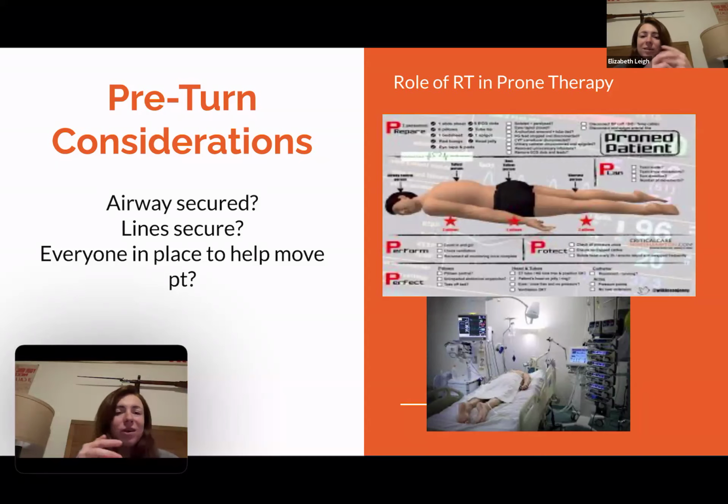Has the nurse already secured their lines? Are their lines all pulled over to one side? Is everyone in place around the bed to help move the patient? Do we have enough people based off of the patient's size? Is the RT at the head of the bed ready to give the count? These are just all things to consider.